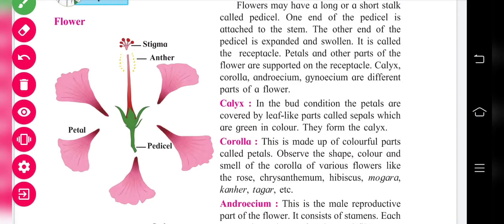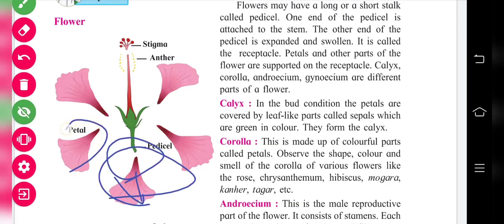Second is corolla. This is made up of colorful parts called petals. This is the colorful part, petal. This is called a corolla. Observe the shape, color and smell of the corolla of various flowers like the rose, crossandra, hibiscus, mogra, canary.